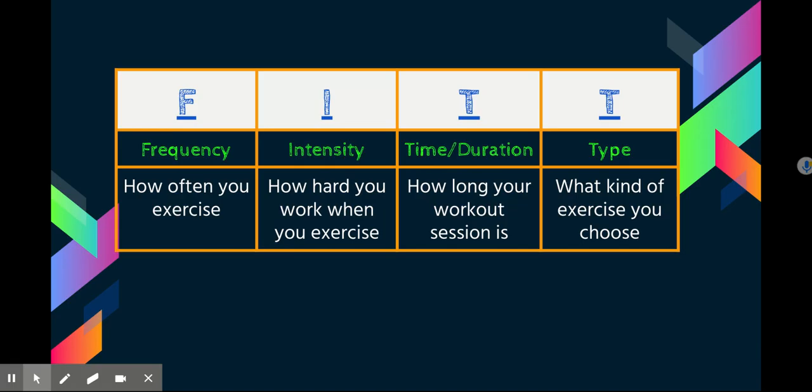The I is for intensity. The first T is for time or duration, and the other T is for type. So we're looking at frequency, intensity, time, and type. Let's see what each one of these means.